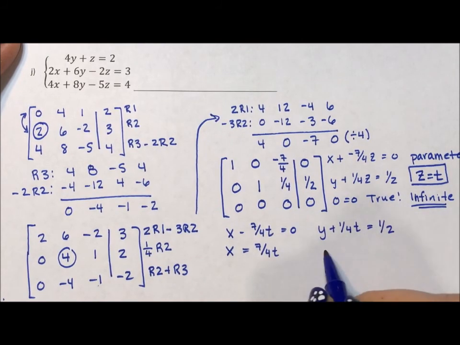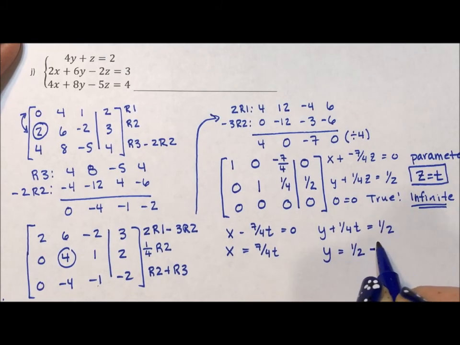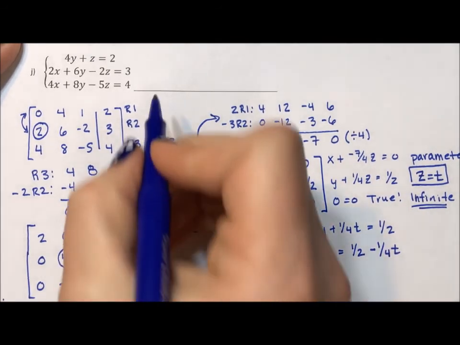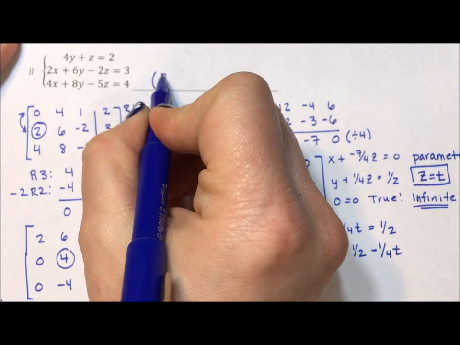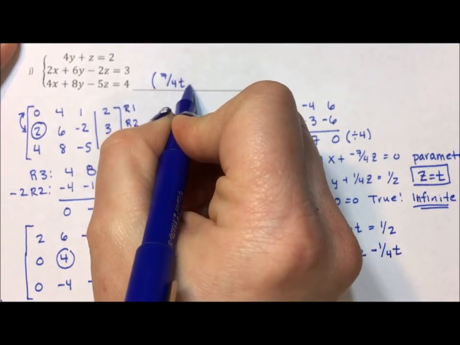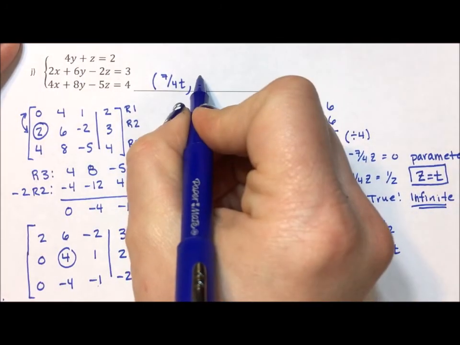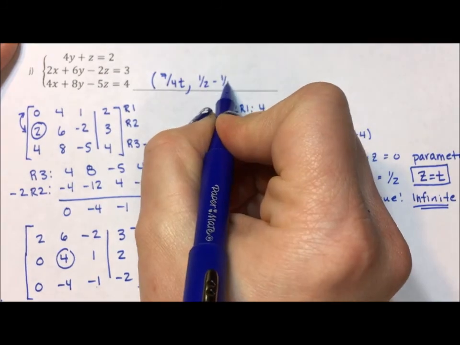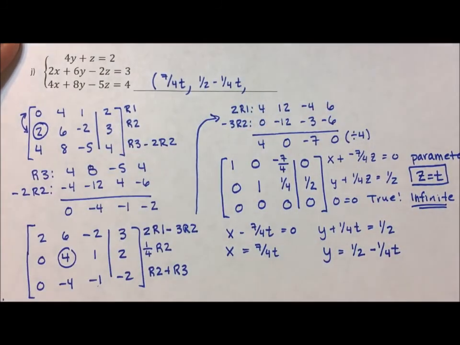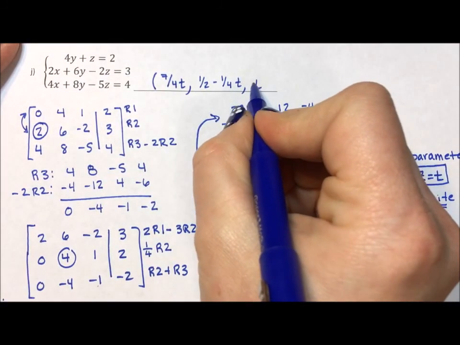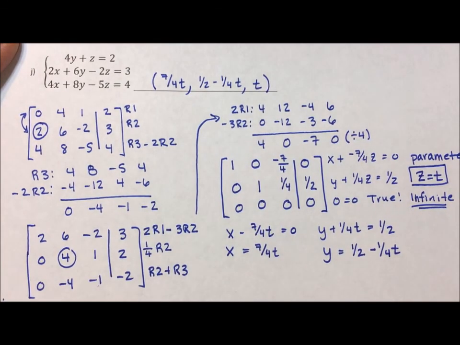When we subtract this over, we get y is equal to 1/2 minus 1/4 t. We now have all the pieces we need for our parametric answer. Our x is 7/4 t, comma. Our y is 1/2 minus 1/4 t, comma. And z is our parameter t. There you go. We have our solution.